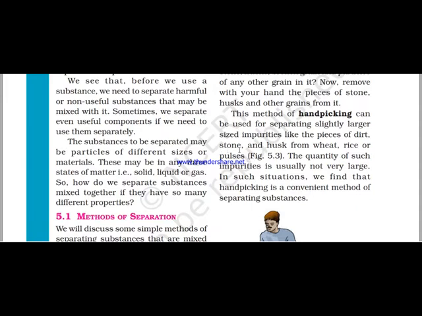Fine. So the stones and the pieces of dirt are separated from the grains with the help of hand picking. It is a very simple method of separation, right?